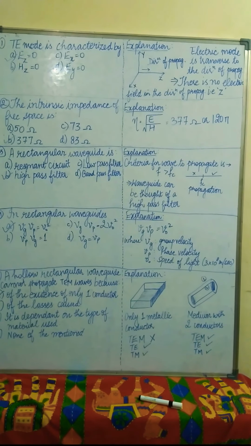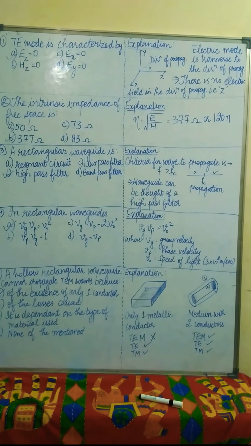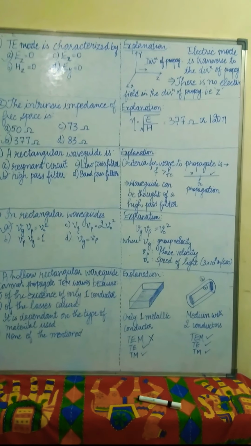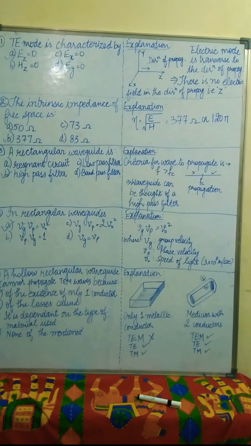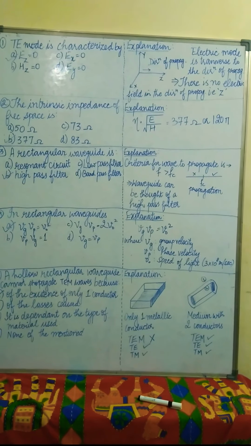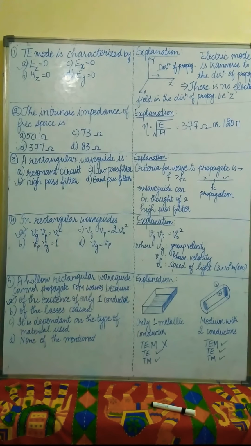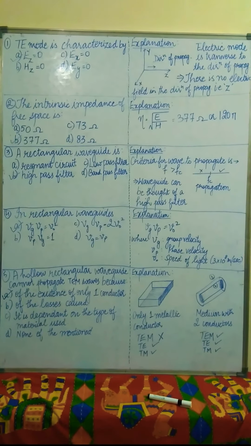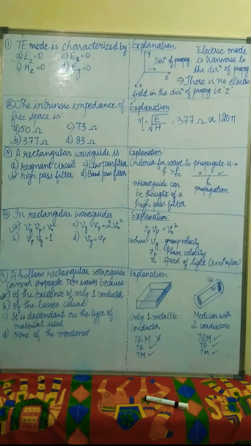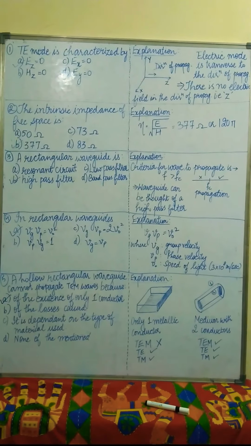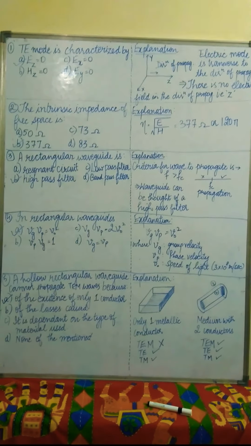Here the direction of propagation is the z-axis, so there is no electric field in the direction of propagation, that is z. Hence we take the first option, which is Ez equals 0. We cannot be sure of Hz, Ex or Ey. Hence the correct option is Ez equals 0.